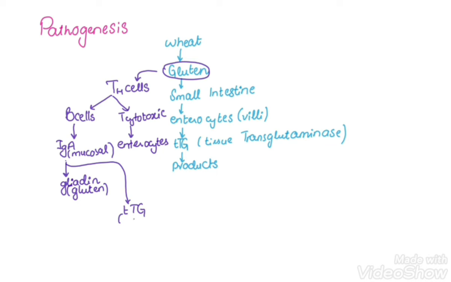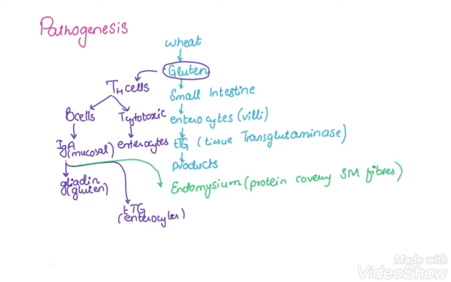But here abnormal IgA are formed against three things: gliadin, the subunit present in gluten, tissue transglutaminase enzyme that is for the digestion and breakdown of gluten, and endomysium, a protein that covers the smooth muscle fibers, and here the smooth muscle fibers of the GIT tract.